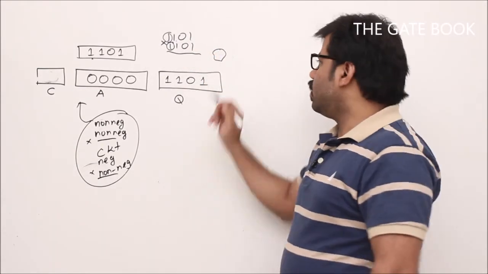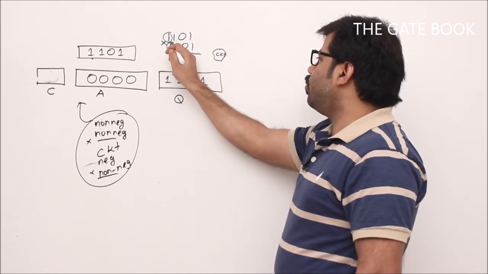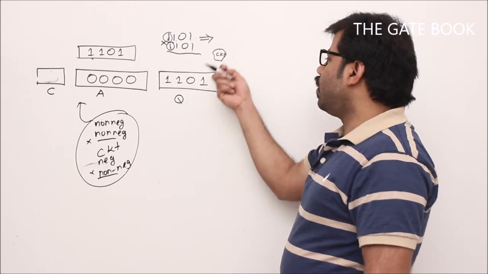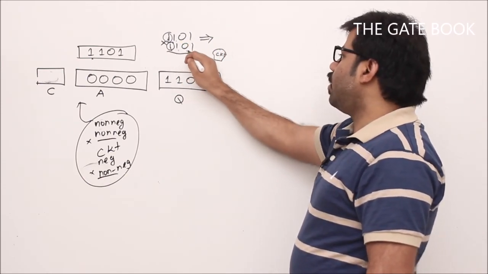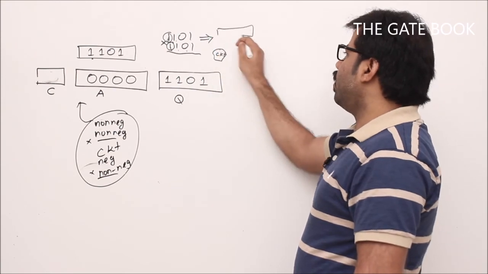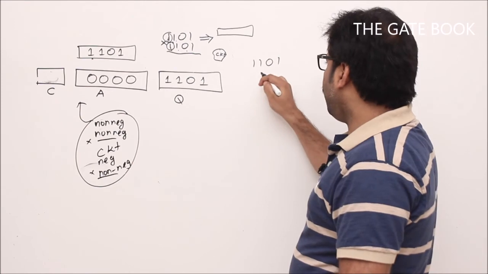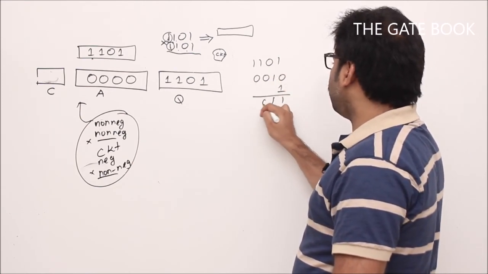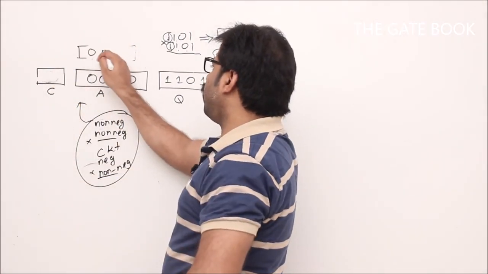Then what to do? There will be a small circuit that can detect these two bits, 1 1. Whenever these two bits are 1 1, that circuit applies 2's complement to 1101. We are changing the sign. So 1101's 2's complement is 0010 plus 1, which is 0011. So 1101 will be replaced with 0011.